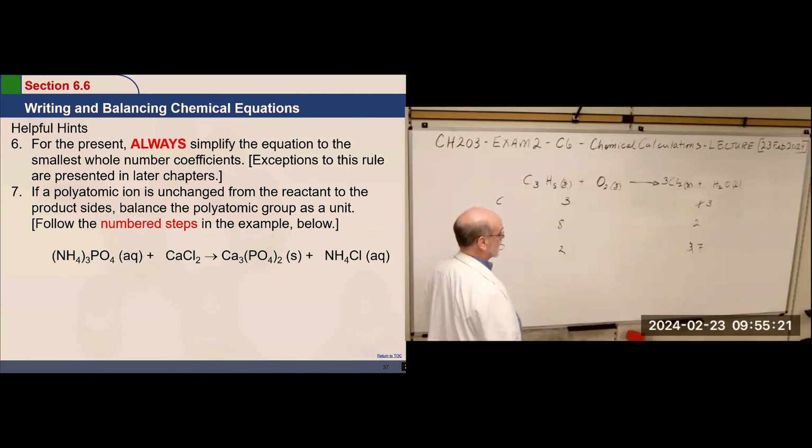Hydrogens. We're going to go to hydrogens next. We've got 8 hydrogens on this side, and we need 8 on that side. So if we put a 4 there, that gives us 8 hydrogens. But now 4 plus 6 is 10, so it gives us 10 oxygens.